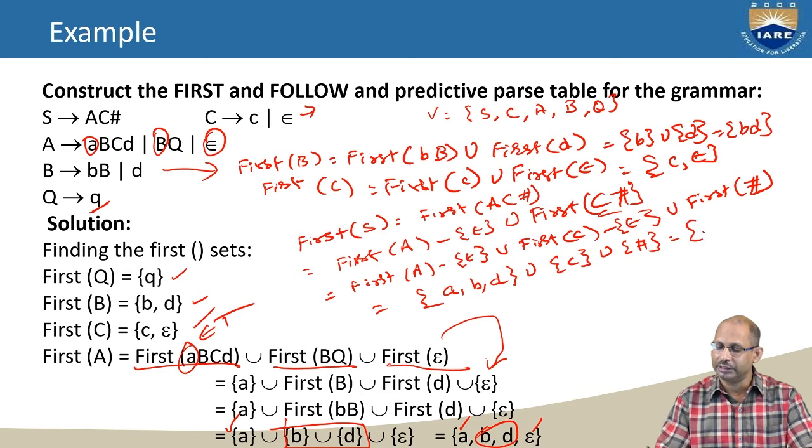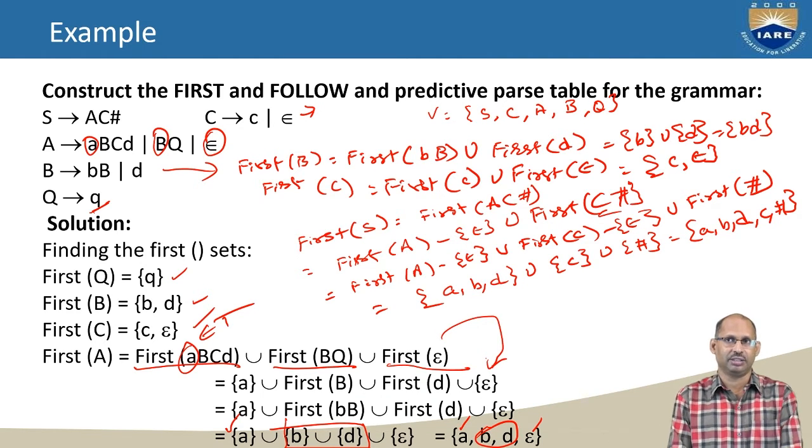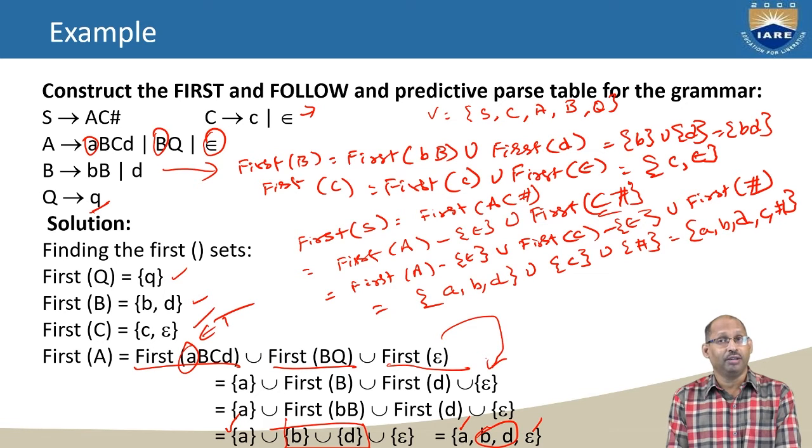So finally it is a, b, d, c, hash. This is the first of S. First of S is first of A, but it has epsilon, so we have to consider first of C. But first of C also has epsilon, so we need to consider the first of hash symbol.